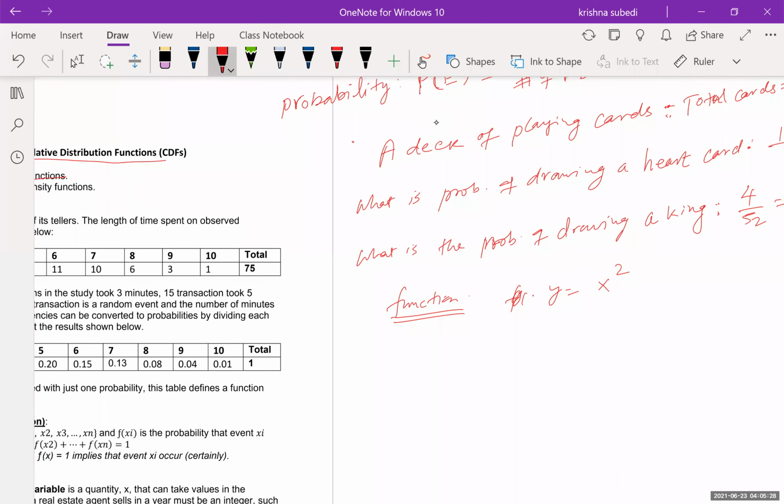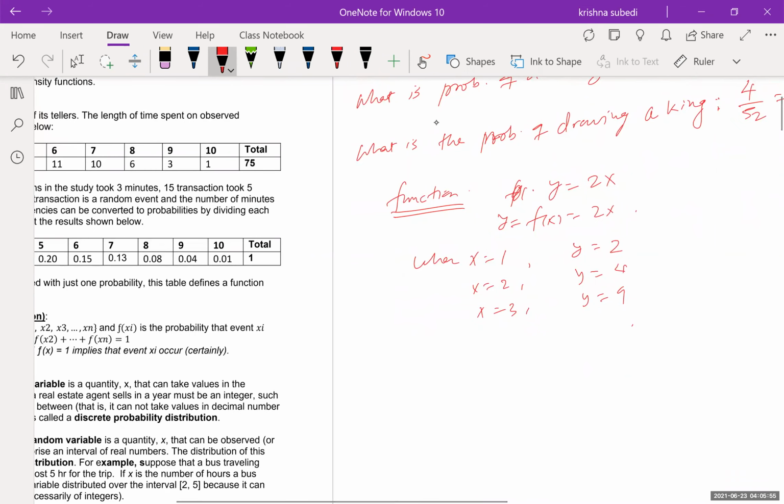Or maybe y equals 2x, for example. This is a function, right? f of x equals 2x. It is a function because when x equals 1, y, or f of x, equals 2. When x equals 2, y equals 4. When x equals 3, y equals 6, and so on. So for each x value, there is a y value.